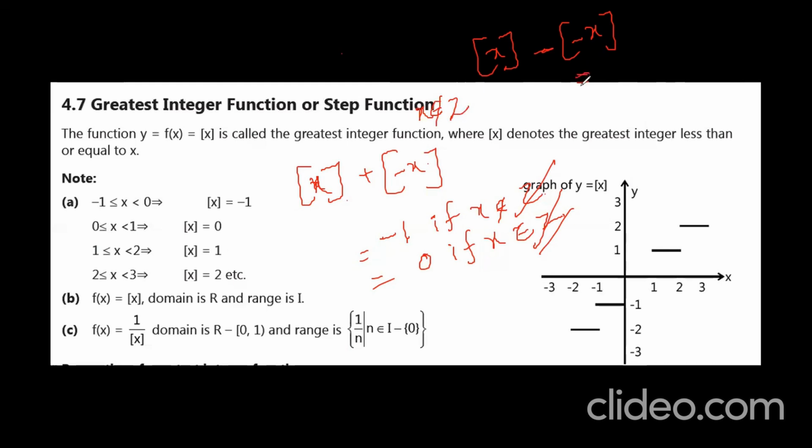It is definitely 2 times the integral part of x plus 1. Suppose it belongs to Z, then it is 2 times the integral part of x. If it belongs to Z, this is the case. If it does not belong to Z, this is the case.